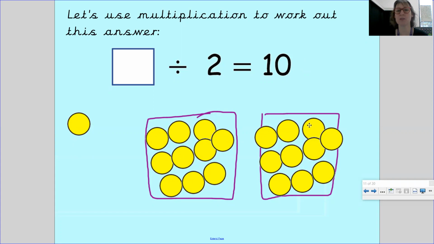And I have 10 here, 1, 2, 3, 4, 5, 6, 7, 8, 9, 10. So I've got 2 groups. I've got 10 in each group. How many counters have I got all together? And the really good thing is I can count in 10s, so that's 10, 20. So it's like doing my multiplication 10 times 2, 2, 4, 6, 8, 10, 12, 14, 16, 18, 20, or 2 times 10, 10, 20, to get my answer. So although it looks like a division question, we've actually done a multiplication to find the answer.